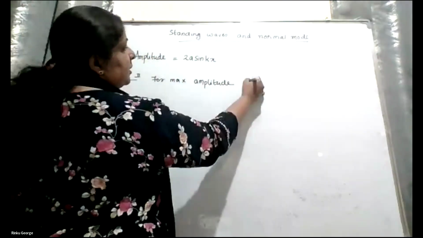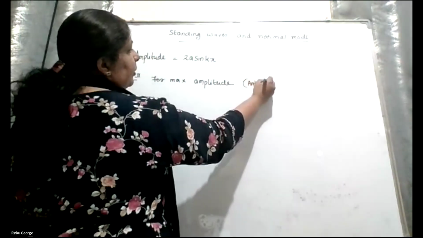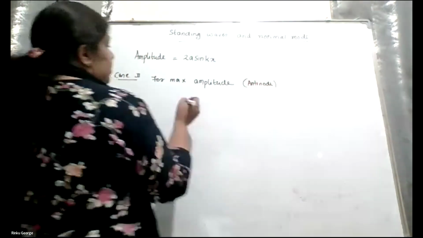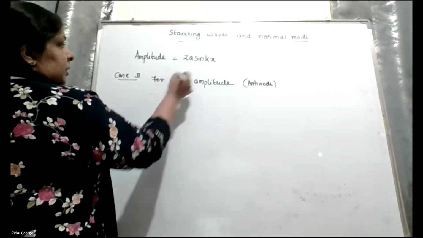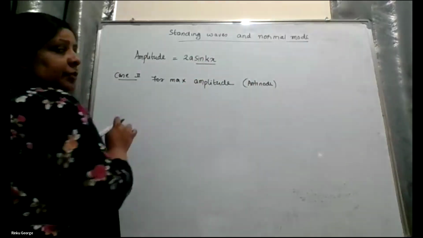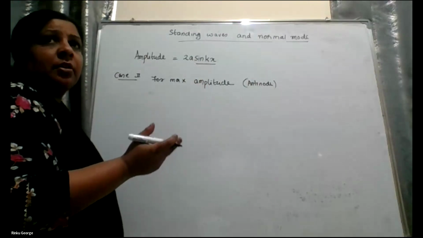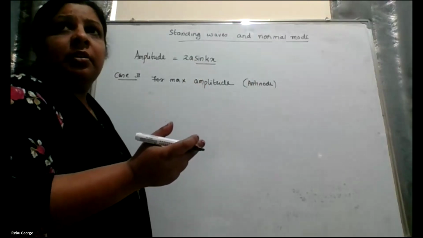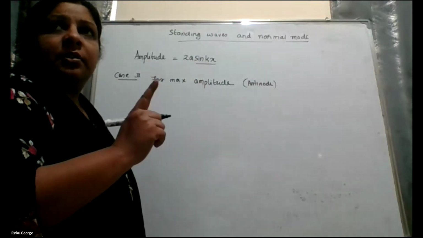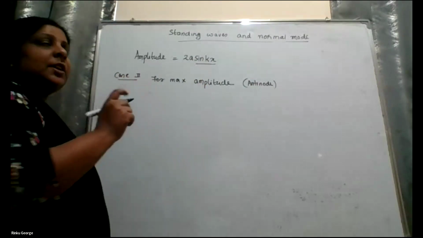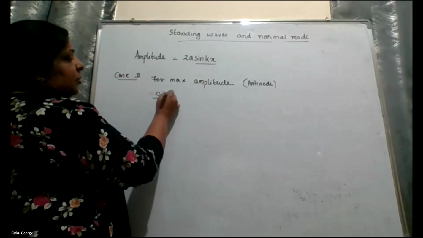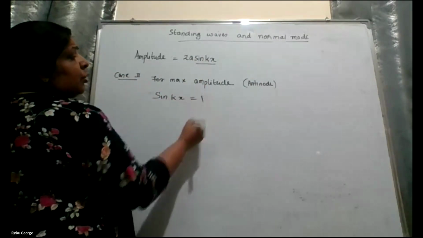So what will be sine kx? What's the maximum value of sine? 1. Okay, the maximum value of sine is 1. So for maximum amplitude, sine kx should be equal to 1.